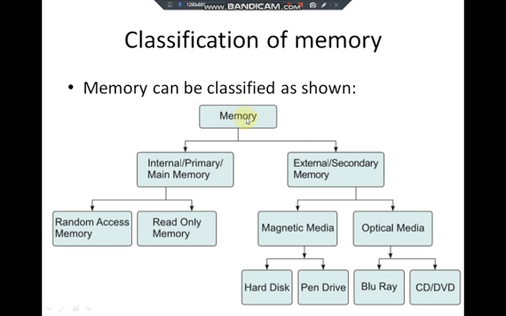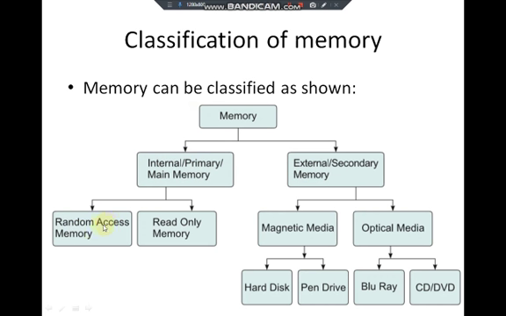Today we will discuss some more about the memory and the output devices that we use with the computer. After watching the video, you will be able to explain the memory units and the types of memories and the output devices which we use, namely monitor, printer, speaker, plotter, etc.